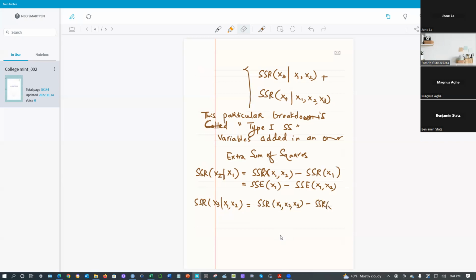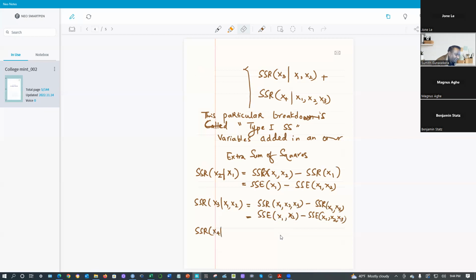It is equivalent to, instead of regression, thinking about the sum squared error: sum squared error of x1 comma x2 minus sum squared error of x1 comma x2 comma x3. The same way, sum squared regression of x4, now with x1, x2, x3 in the system.